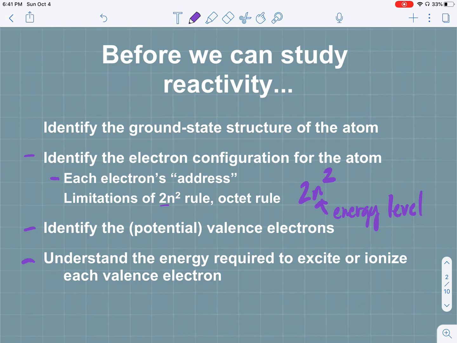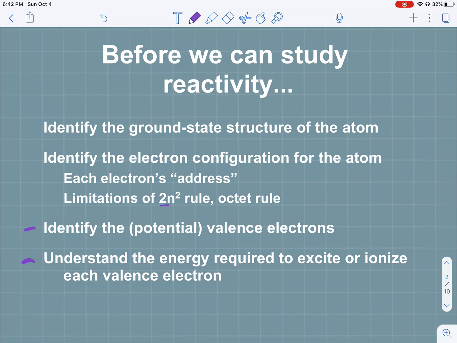So if we plug in 1, 1 squared is 1 times 2, so the first energy level can hold 2 electrons. If we plug in 2, 2 squared is 4 times 2 is 8, and so on. It's a fun trivia of a rule, but it isn't of that much use to us, and I'll show you why later on.